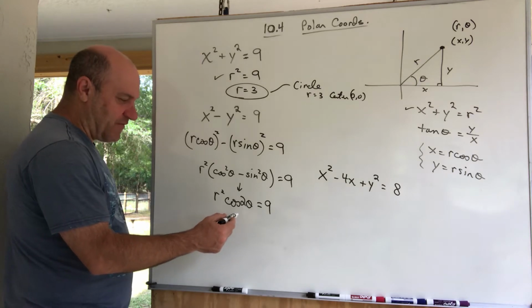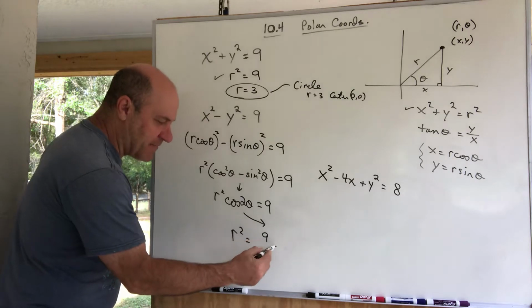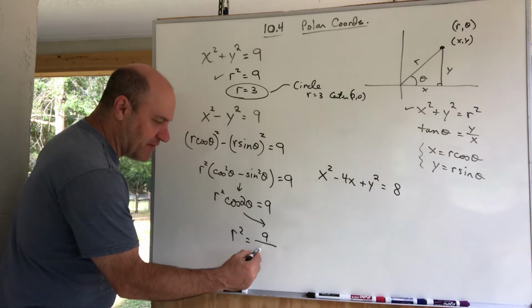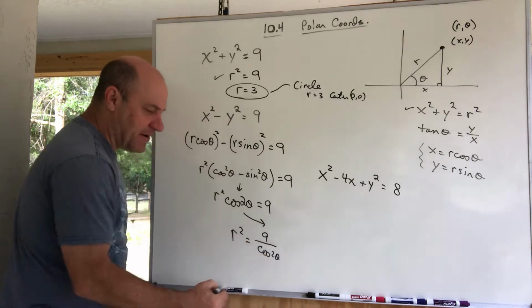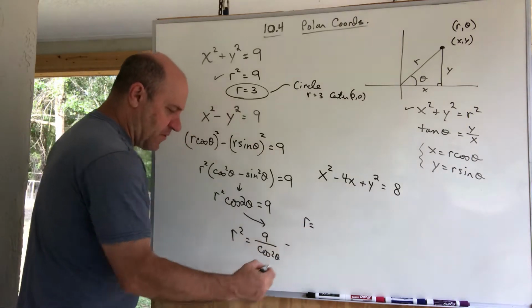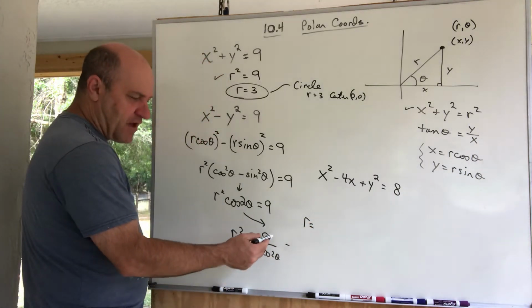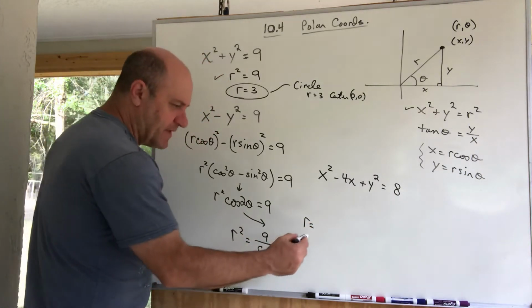Let's see. I don't know. What if you divide by this? r squared, again, I'm trying to solve for r. I might be stretching it a little. That would be a cos 2 theta in the denominator. What if you took the square root of both sides? I guess r would equal a 3. I guess I could move that cosine up. It would be a secant.